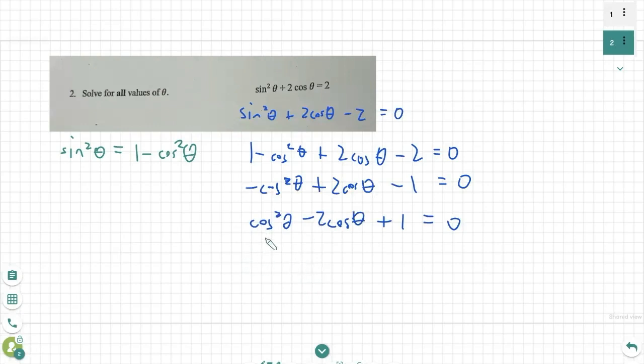You're trying to find what adds to -2 and what multiplies to 1. So it'd be -1 and -1. So it'd be x minus 1 and x minus 1, but it's cosine theta minus 1.